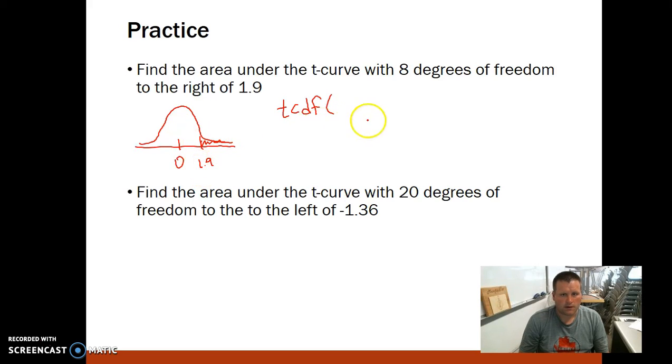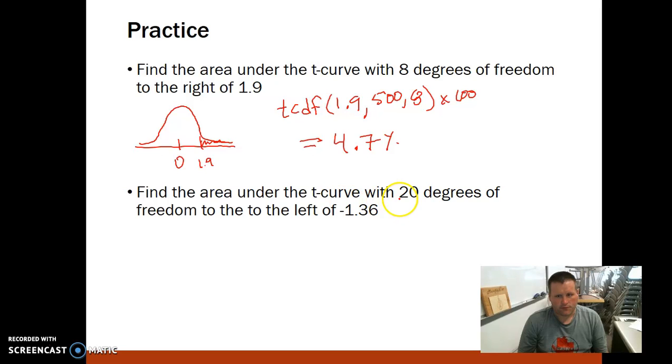So this is our lower bound. So we go lower bound 1.9, upper bound is whatever your favorite upper number is, so 500, and then we just need to put our degrees of freedom. I'll show you this on a calculator in just a second. And so what do we get there? Oh yeah, and we're going to times this by 100%, and so we get 4.7%.